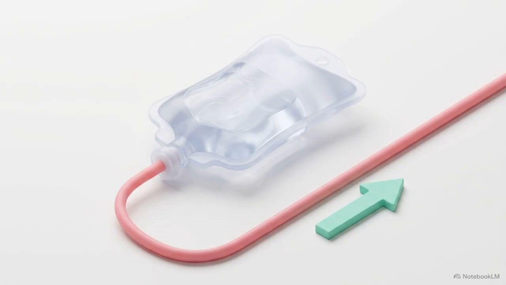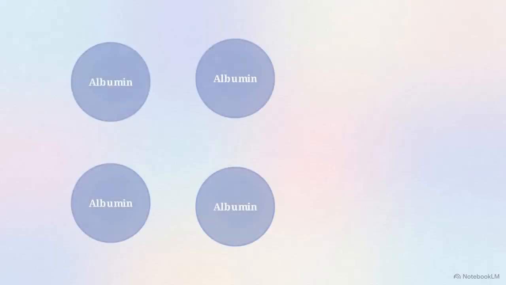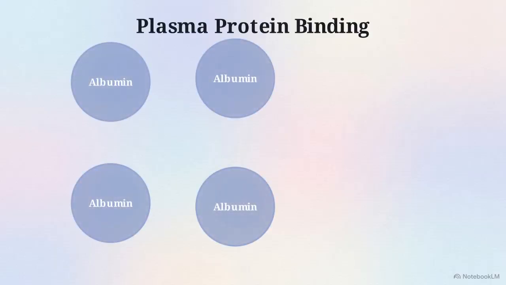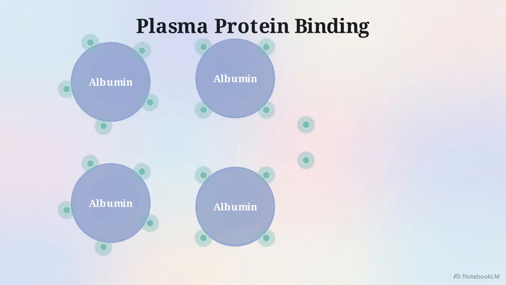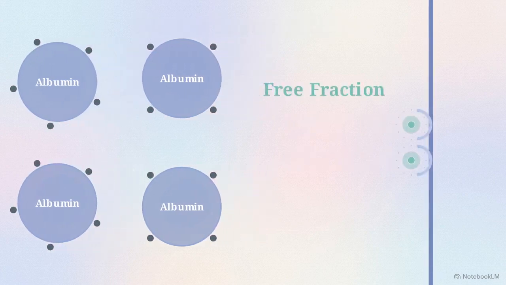Intravenous delivery bypasses hepatic first-pass metabolism, ensuring 100% absorption. An oral tablet, however, loses a variable fraction of its active compound just surviving the digestive tract and liver. This data model highlights plasma protein binding. When entering the blood, drug molecules bind to large plasma proteins like albumin, becoming biologically inactive.